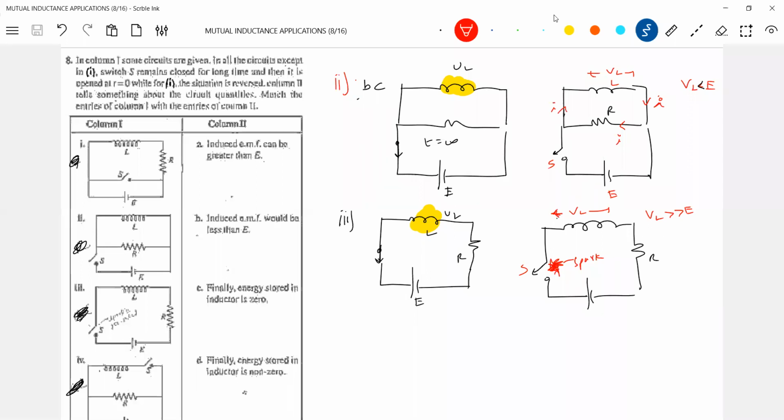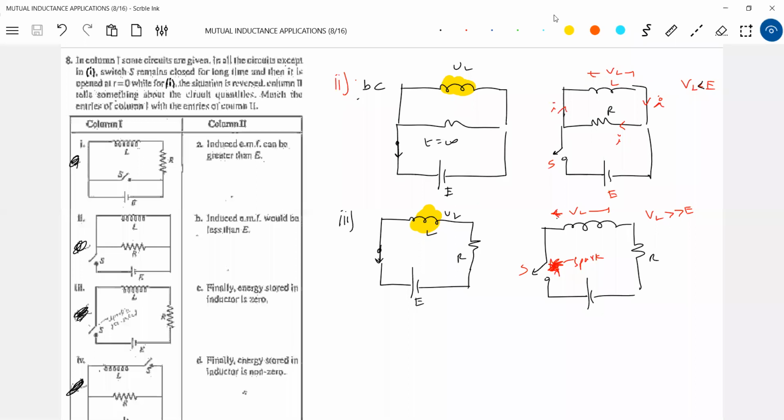At your level, you can say that yes, it is possible in all cases, but practically not all will generate, because for breakdown the energy in the coil should make the potential difference across the coil large enough to break down the gap. That is a practical thing, sir. At our level we will say that a spark will be generated. When you go for Olympiad exams, they will test you with this: the potential difference across the coil should be able to produce breakdown in the gap. Then only will a spark be generated.